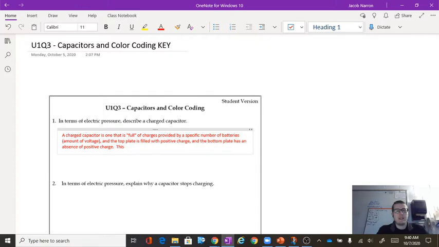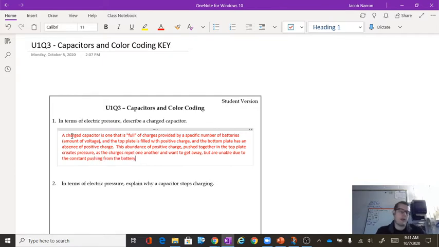This abundance of positive charge pushed together in the top plate creates pressure, as the charges repel one another and want to get away, but are unable due to the constant pushing from the battery, okay?